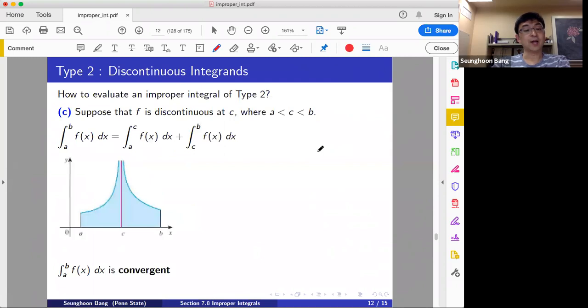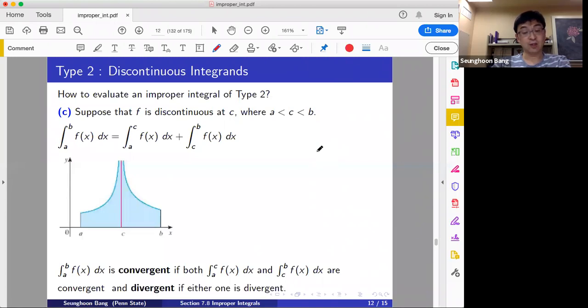So the improper integral is convergent if both improper integrals, from a to c of f of x dx and from c to b of f of x dx, are convergent. Otherwise the improper integral is divergent. What does it mean? If either one is divergent. The simple example: this is finite, this is finite. What's the answer?